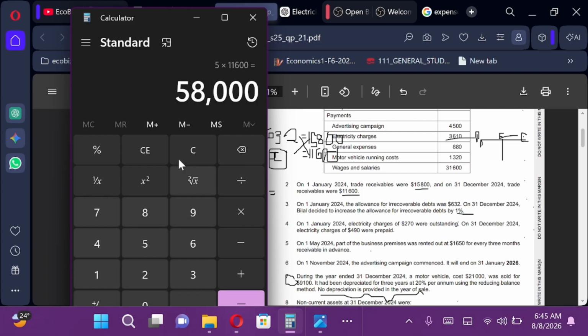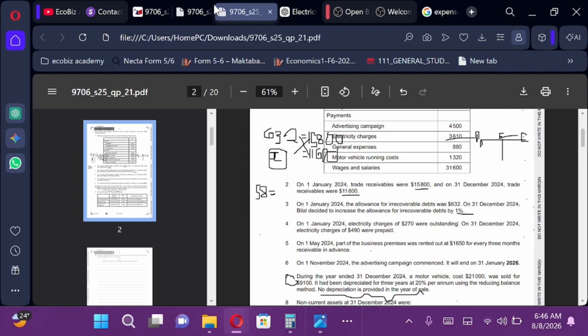Now 5%, when we multiply it by 11,600, we get 580. Guys, I'm really getting clumsy. I need to go to bed. 11,600 multiplied by 5%, we get 580, which thankfully is the right amount.